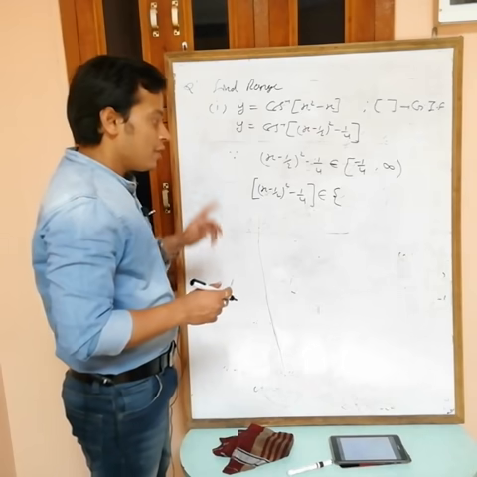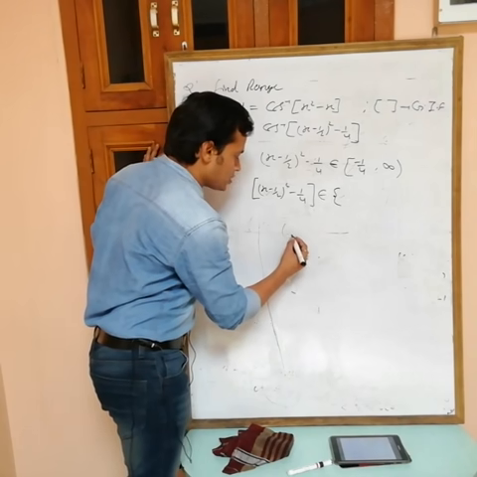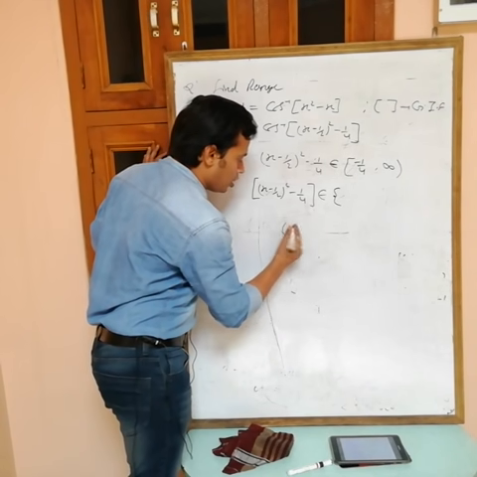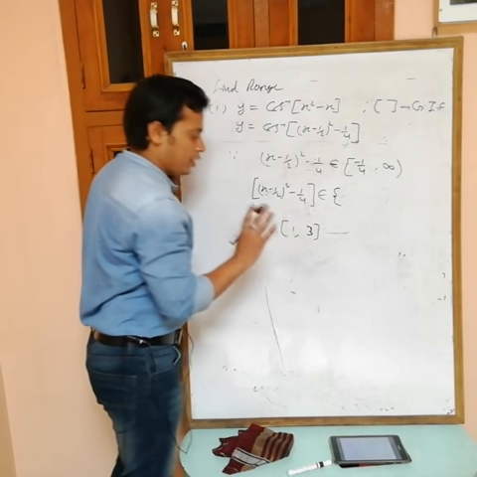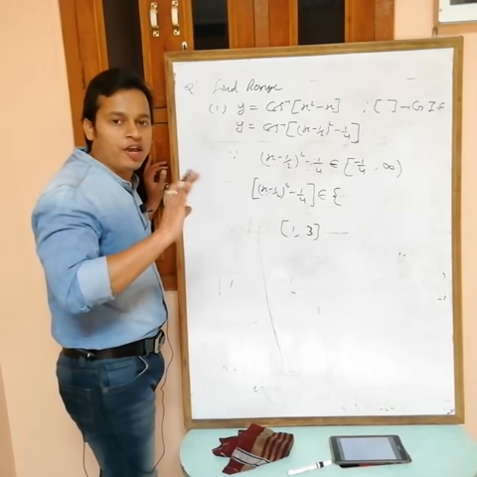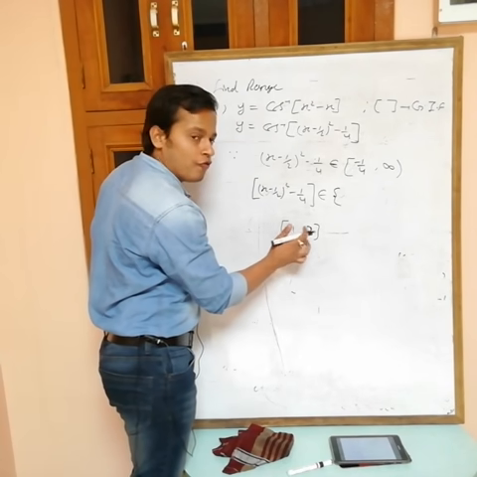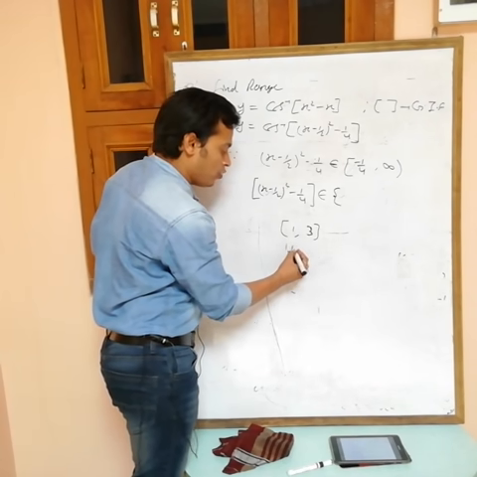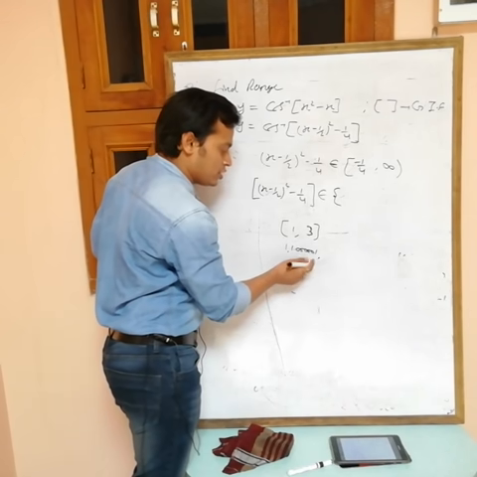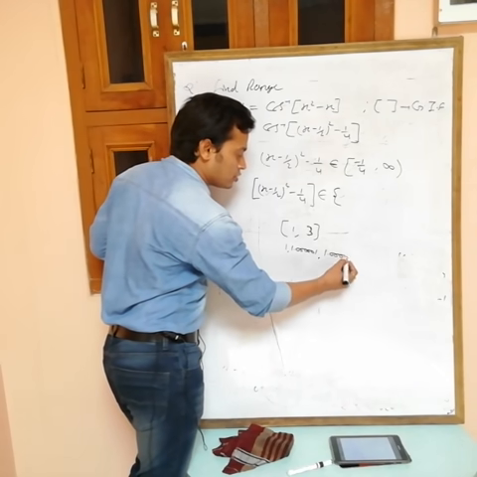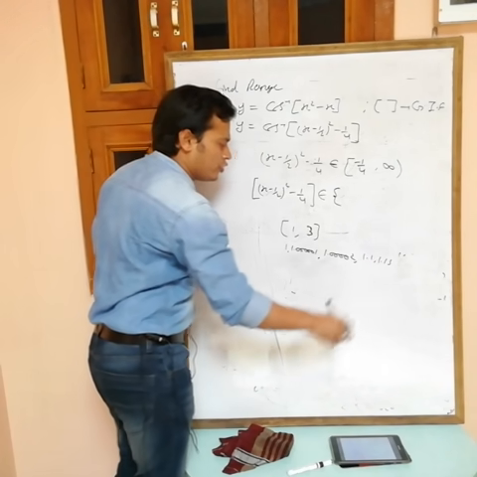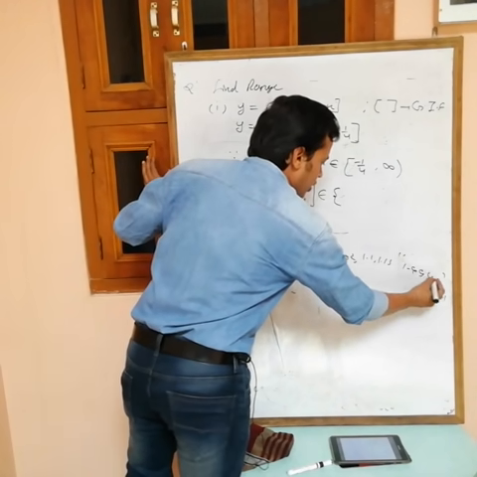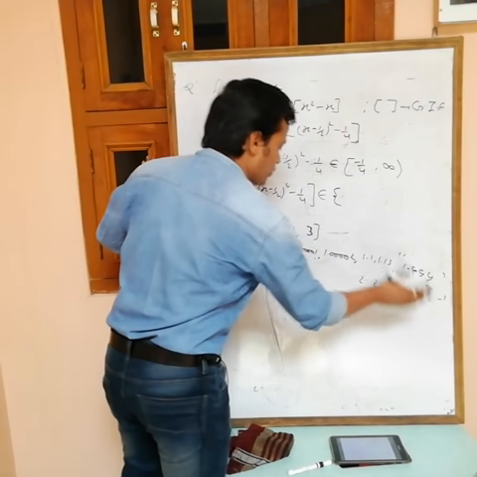Remember, if you are writing the interval 1, 3, it means we have infinite values, all the values from 1 up to 3. 1.00001 is also in it, 1.0002 is also there, 1.1, 1.15, 1.999, 2.2, all these values.